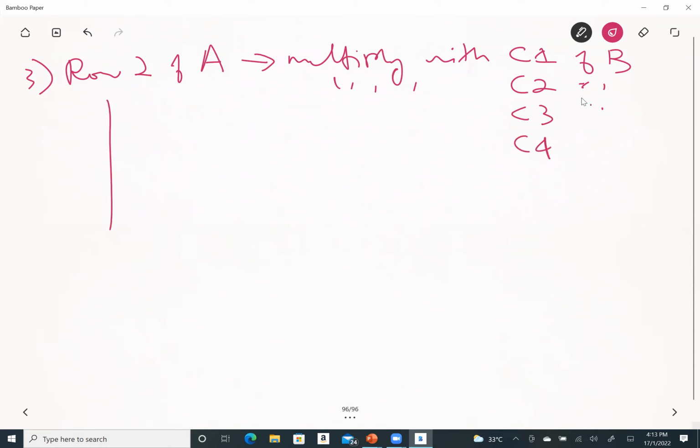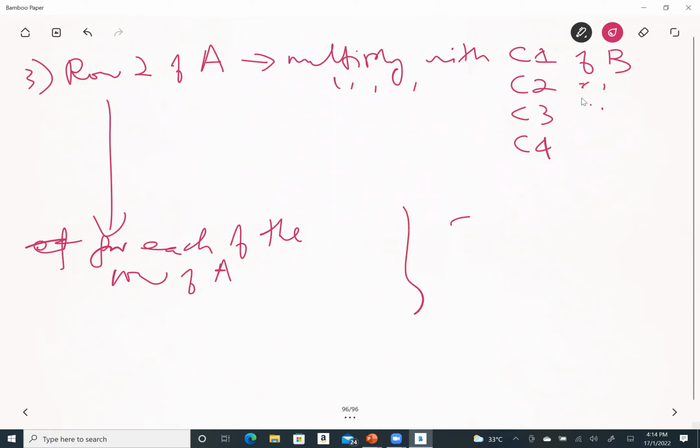Then you continue for each of the row until you finish each of the row of A. And then you repeat same process.